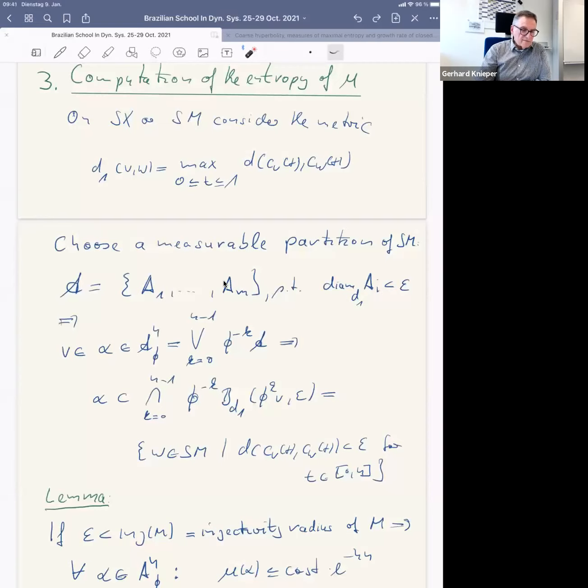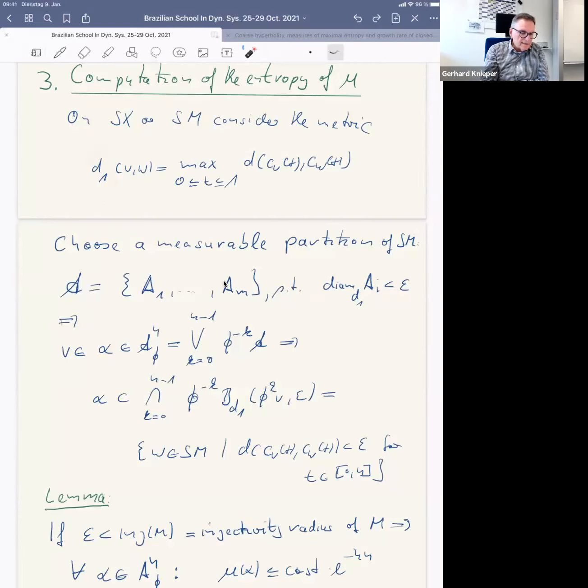First, I introduce a convenient metric, which is a geometric way of defining a distance on the unit tangent bundle, either of X or M. I call this distance d1.